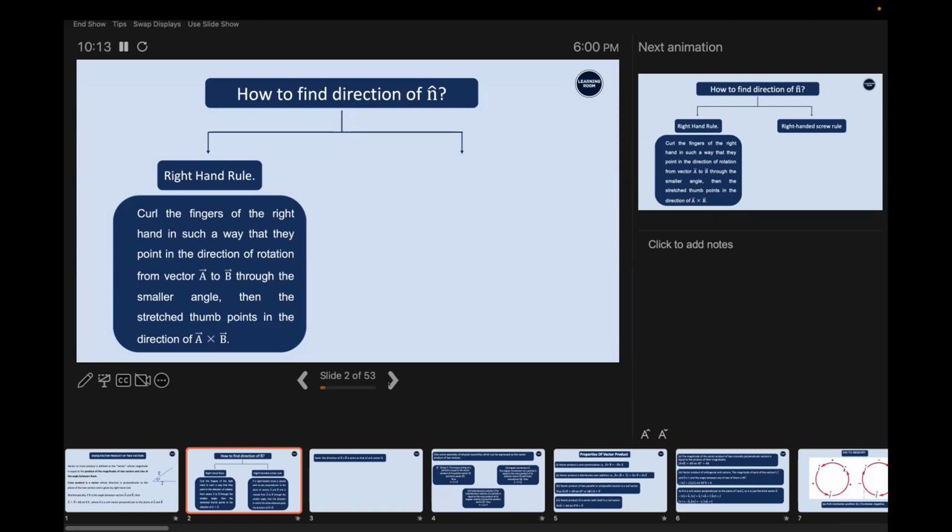But the main context that we need to note here is, when you want to find n cap using the right hand thumb rule, the first point to be kept in mind is to use the right hand. The most common mistake is that many of them start using their left hand and try to find the answer. You will not get it. So use the right hand and curl the fingers from the first vector towards the second vector in the shortest direction possible. If it is anti-clockwise, curl the fingers of your hand in the anti-clockwise direction and extend your thumb. It will be mostly in the outward direction. And when you curl it in the clockwise direction, it will be in the inward direction.